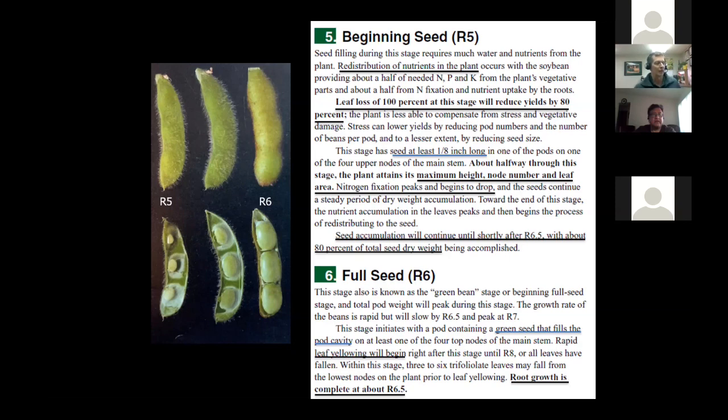And so at R6.5, the plant now is at 80% of its total seed dry weight. Actually, toward the end of R6, the leaves will start yellowing and there may start to be some leaf drop. So this would be a timing, for example, if a person wanted to broadcast your favorite cover crop, this would be a time where you could consider that. Also note that at the middle of R6, root growth is complete.